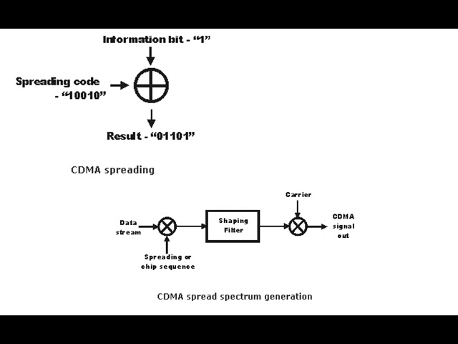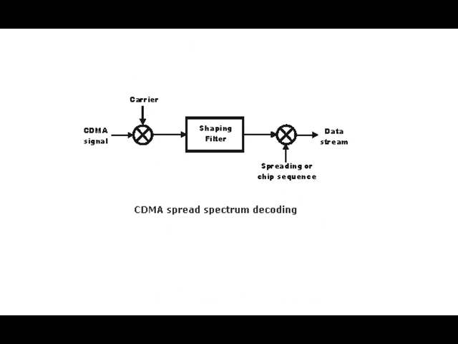The baseband data stream is then modulated on a carrier, and this way the overall signal is spread over a much wider bandwidth than if the data had been simply modulated on the carrier. This is because a signal with a high data rate occupies wider signal bandwidth than those with low data rates.